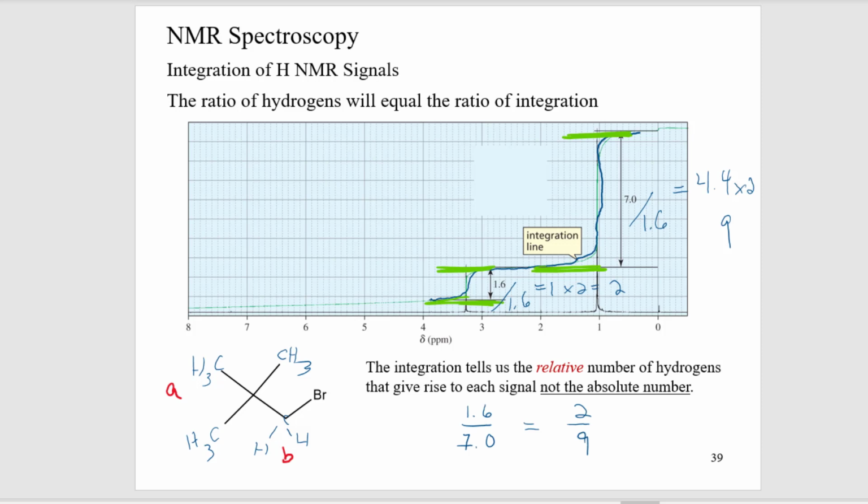So we try to find the nearest whole numbers. And it just so happens that I have 2 and 9. I have 11 hydrogens, but the computer gave it to me in a 1.6 to 7 ratio. I don't know how many hydrogens I have, but if I was trying to decipher if it was this molecule, at least a 1.6 to 7 is indeed a 2 to 9 ratio, and that supports my claim.